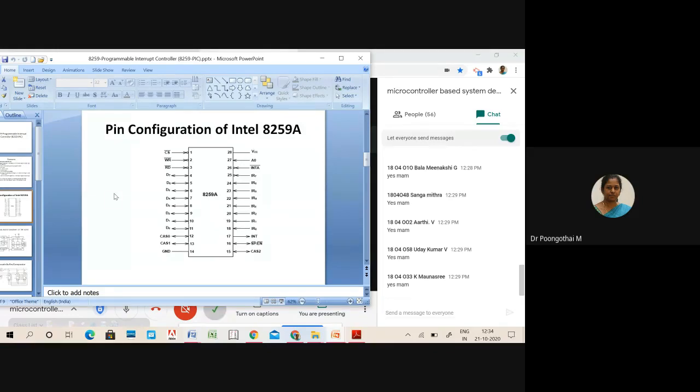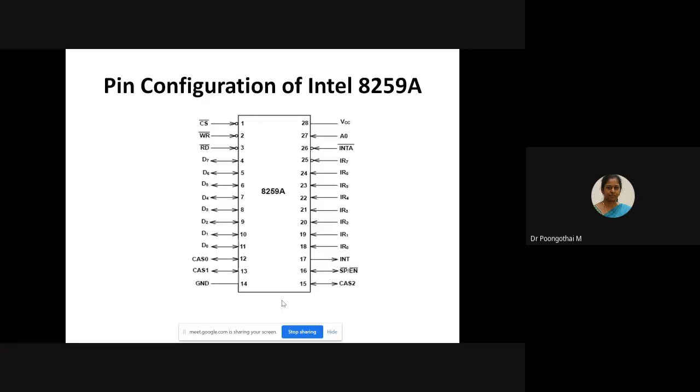This chip select signal enables read and write communication between CPU and 8259. This signal is made low by decoding, similar to your 8255. Based on the decoding signal, the signal will be generated. So this pin is connected to the address bus through a decoder logic circuit, which I have explained in the previous IC.